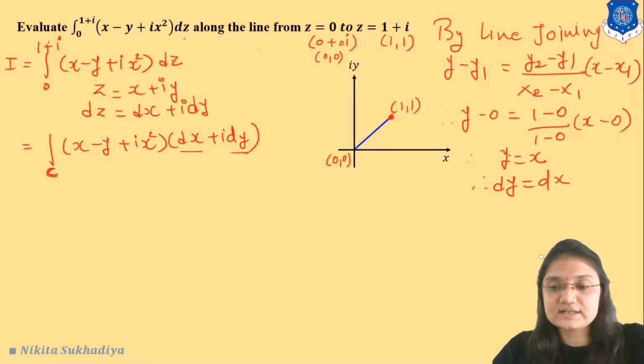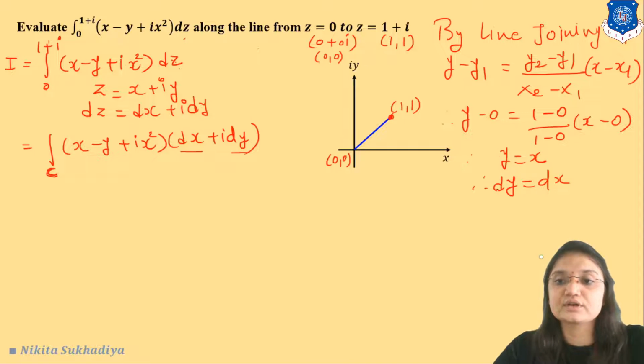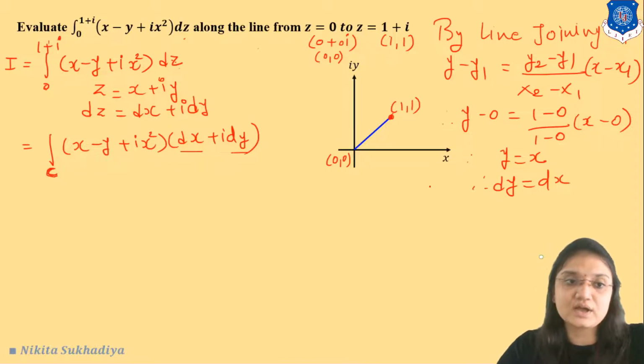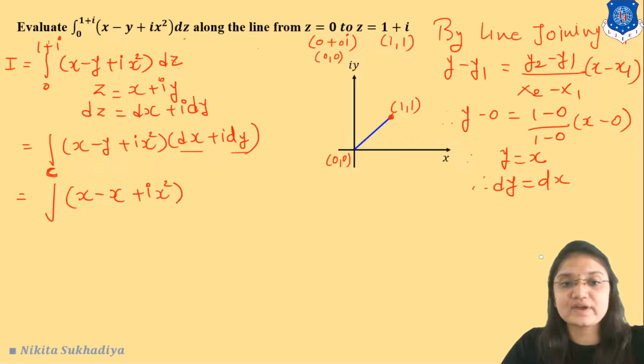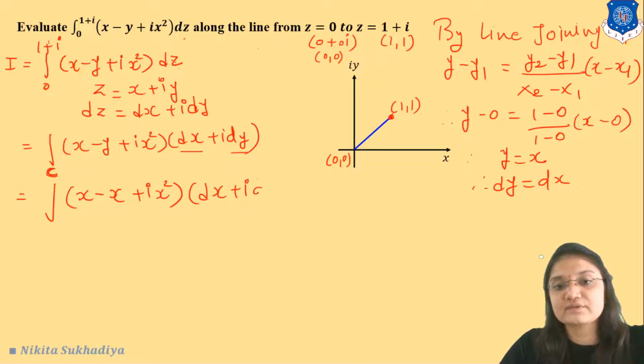So you can clearly see that we can put y is equal to x or x is equal to y. Here also dy is equal to dx and dx is equal to dy. Choice is yours. Here I am putting y is equal to x. So by putting y is equal to x, this will become x minus x plus i x square, and this is dx plus i by putting dy is equal to dx.